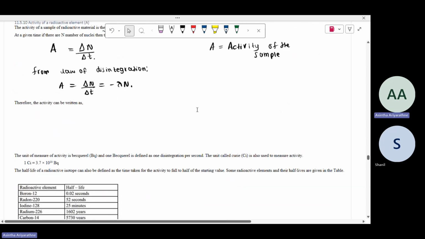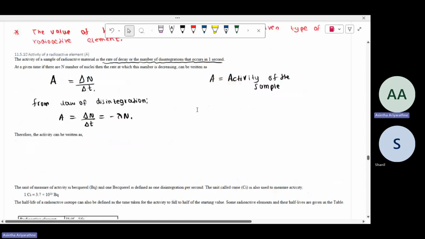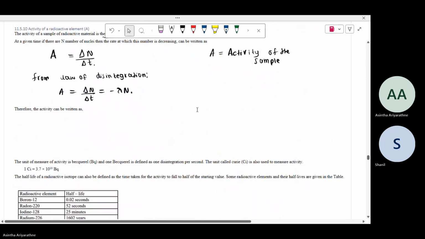So here, since A is proportional to n, the number of unstable atoms, we can change.